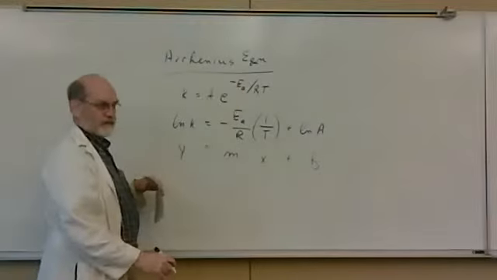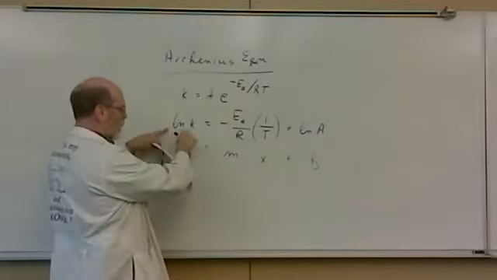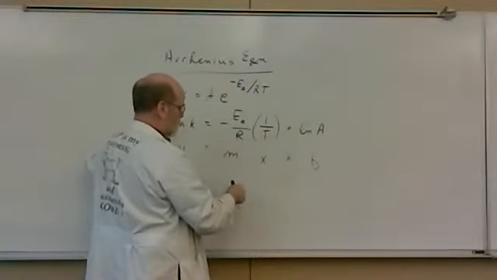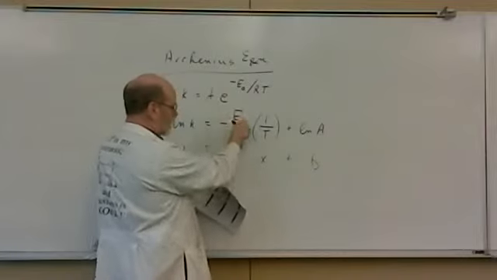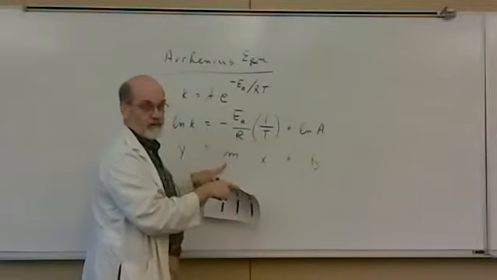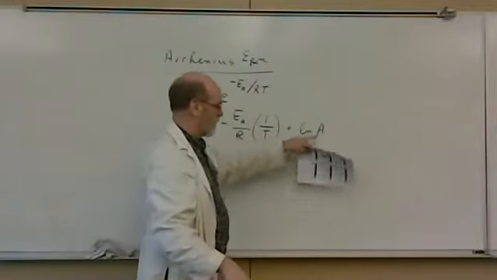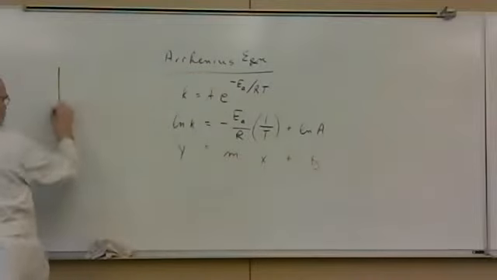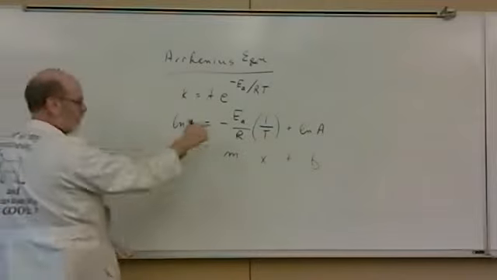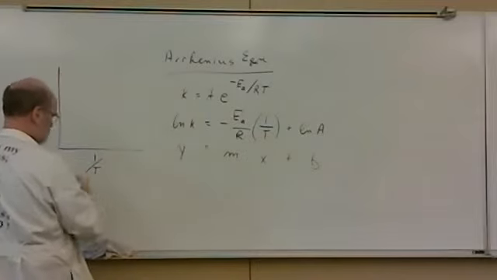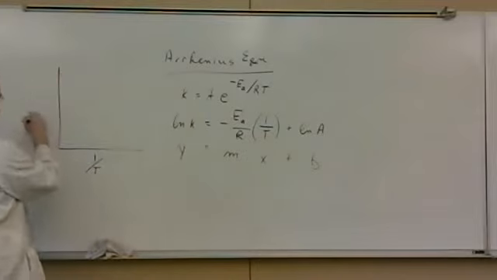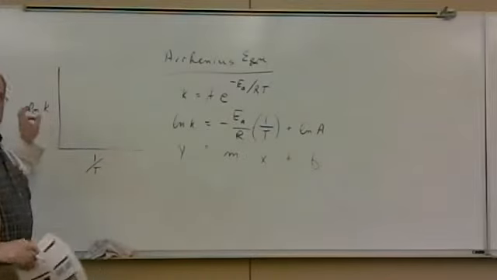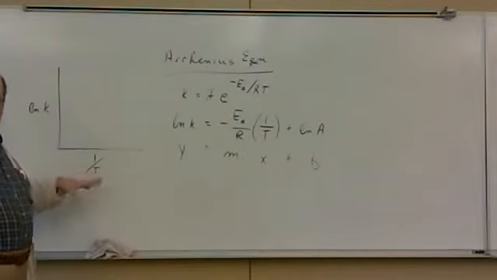It's a straight line. If you plot the log of K against 1 over the temperature, the slope is going to be negative E sub A divided by R. And the intercept is going to be the log of A. So if we plot 1 over T against log of your K values at different temperatures, remember that K is going to change with temperature.